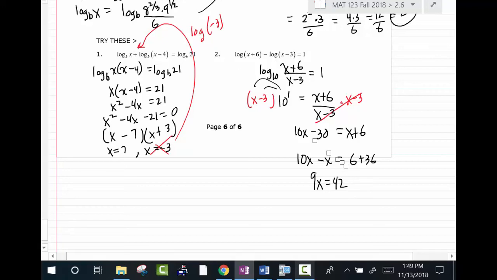You ever do that? Yeah, sometimes. I think we all do. So this would be 6 plus 36. I did it again. Okay, 6 plus 30 is 36. So what I get is 9x equals 36. Then I divide by 9. And what do you get? 4. Yay, thank you.